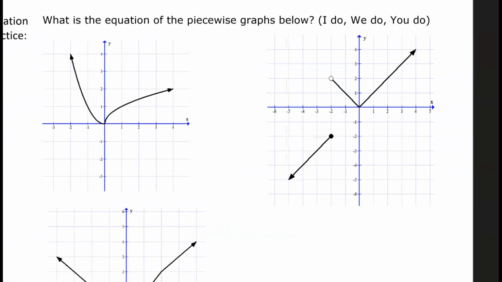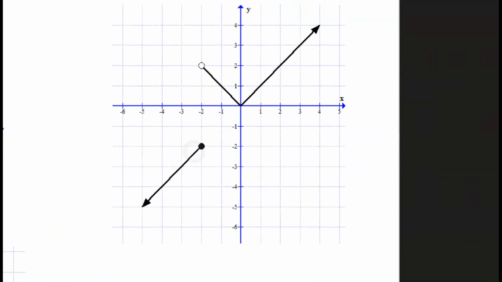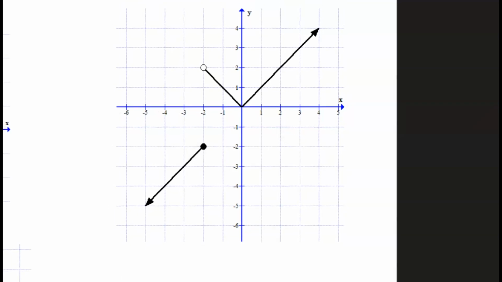So here, I'm not going to do all 3, but I am going to do this one over here. What I was telling my other classes was there are multiple ways you can look at this graph. Either you can look at it in 3 parts, which is what we're going to do: this is part 1, this is part 2, and this over here is part 3.